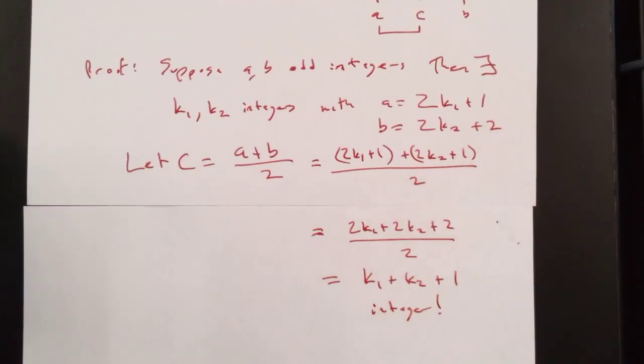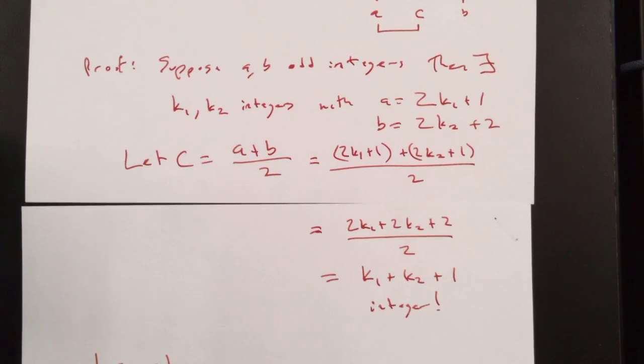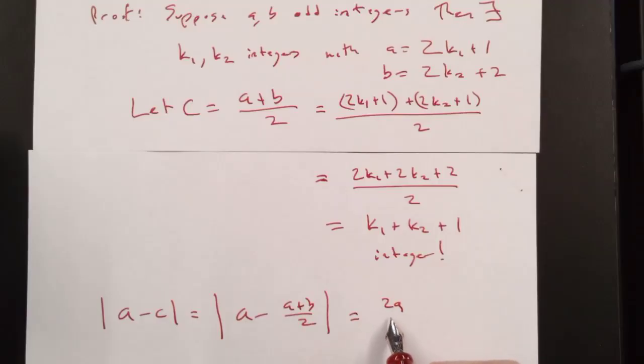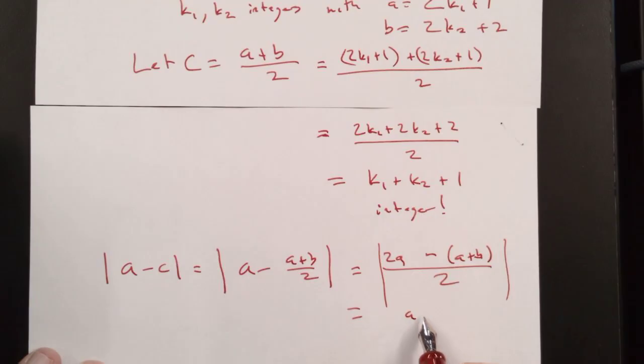Now I need to know that a satisfies my property. What is the absolute value of a minus c? Well, that's a minus a plus b over 2. I need to subtract fractions. I need a common denominator, don't I? So that's going to be 2a minus parentheses a plus b over 2, a minus a, so that's a minus b over 2, right?